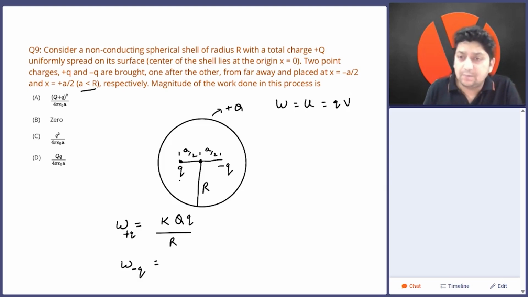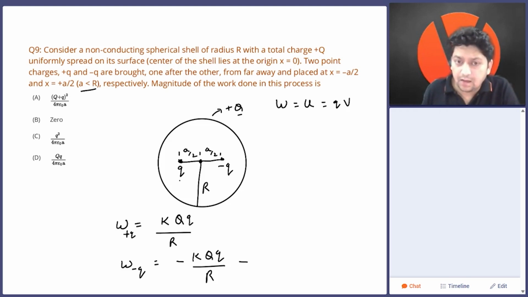Work done to bring the negative charge from infinity to this particular position will be how much? Let's figure out. When the negative charge is brought, we have to do work against two potentials. First, the plus Q charge of the shell, and second, this positive charge. So for bringing minus q from infinity to this position, the work done due to capital Q will be the same, k Q q by R, just q will be negative.